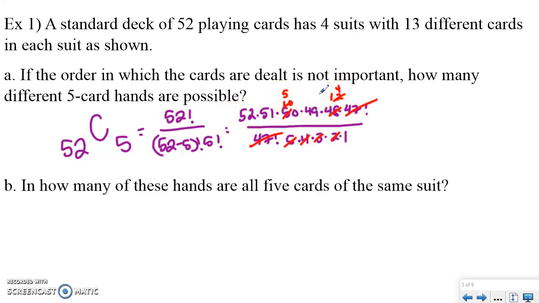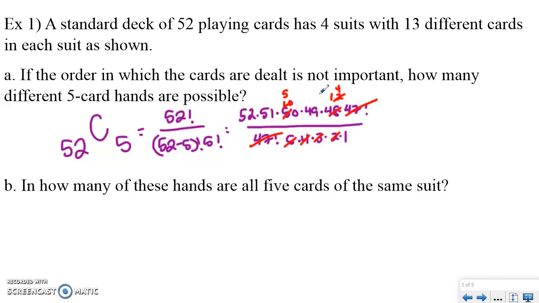The thing that's nice is your calculator still has that key on it, or, if you're using my calculator, the combination option in the probability menu. So hit the math key, go over to probability, so PROB or PRB. Last lesson we used nPr, today we're using nCr. So option 3 on my calculator, so somewhere around 3. So I have 52 and then a C this time and 5.